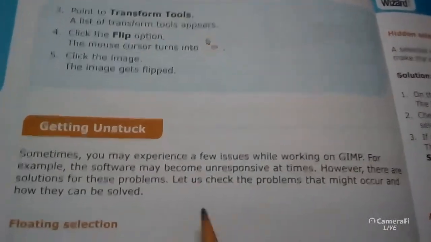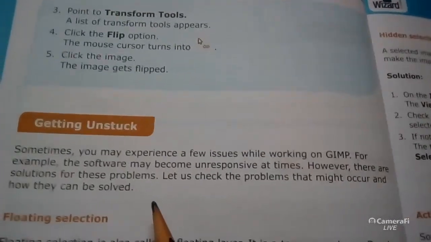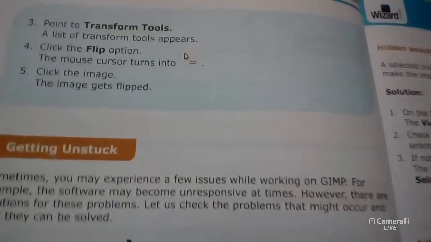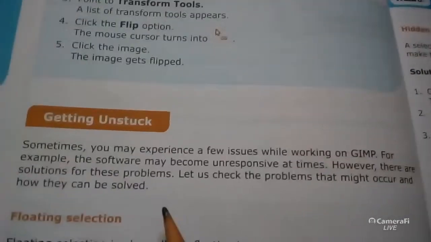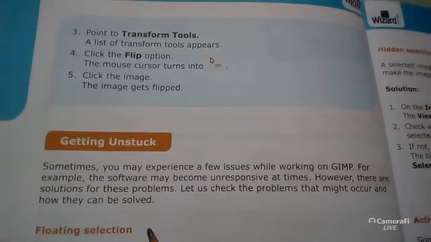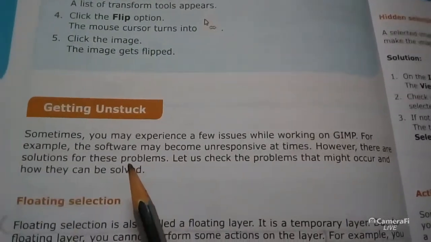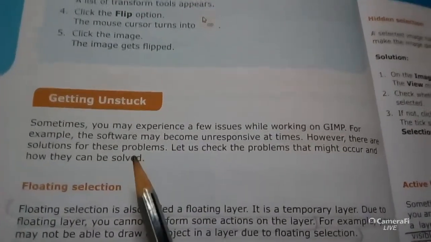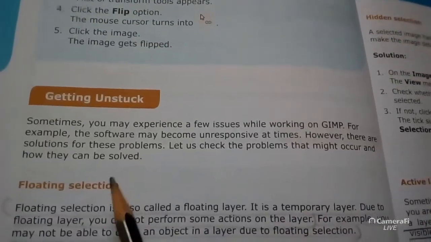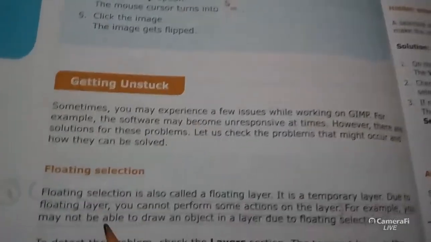Sometimes what happens is that when you are working, it suddenly stops working. You can see the layer but you cannot change it or do your work. That time, that is called unstuck. The screen becomes stable. So, how to solve this problem?